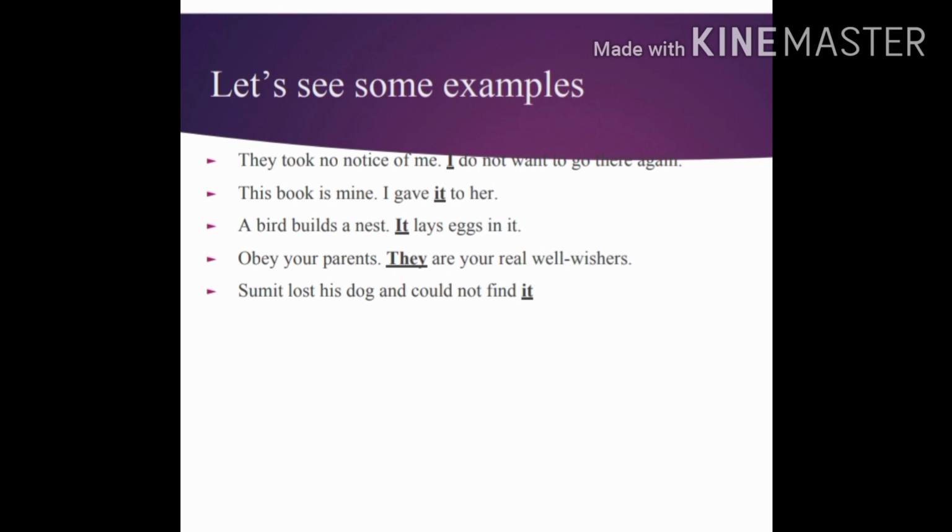Sumit lost his dog and could not find it. Now I am talking about the dog. It's an animal. That's why I use it in place of dog. Up to this clear?